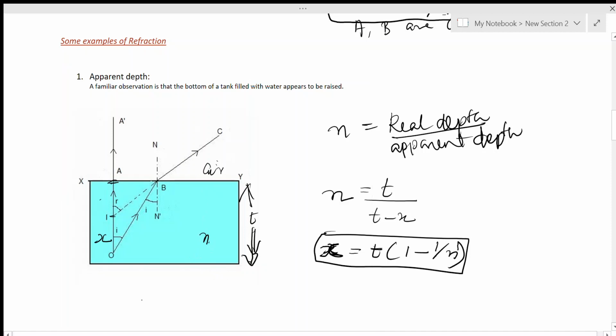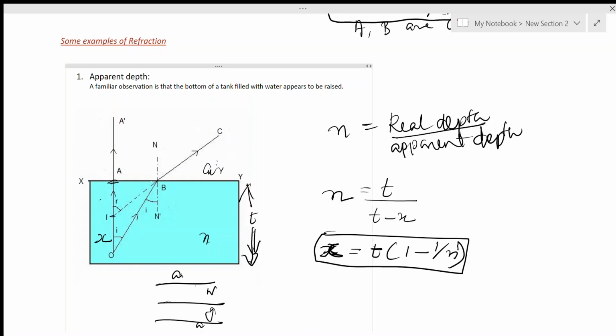Now if there is more than one medium, what we have to do is continuously do the same process. For example, like this: air, water, glass, then air, like that it is going.